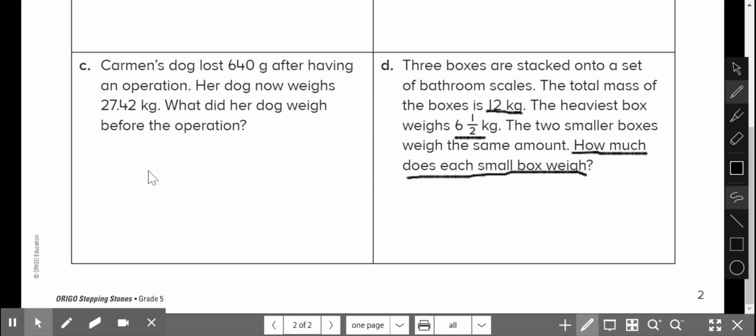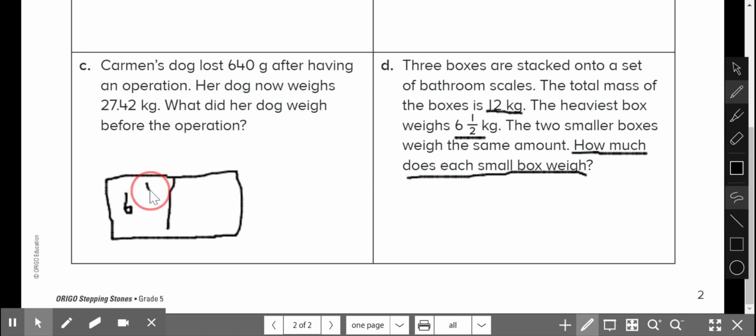If we want to draw a picture of it, maybe make it a section. We could say this larger amount is 6 1/2, and there are 2 smaller boxes and they're supposed to be equal. This doesn't look equal to me, but they're both the same amount.